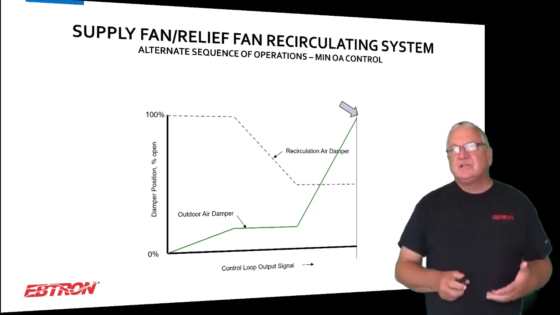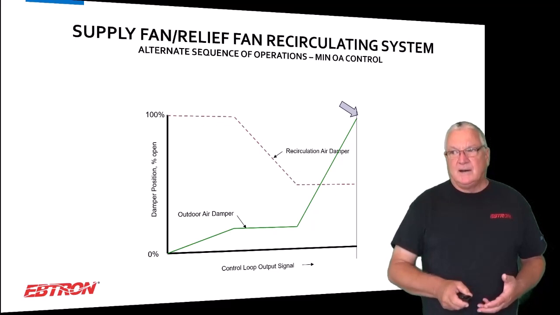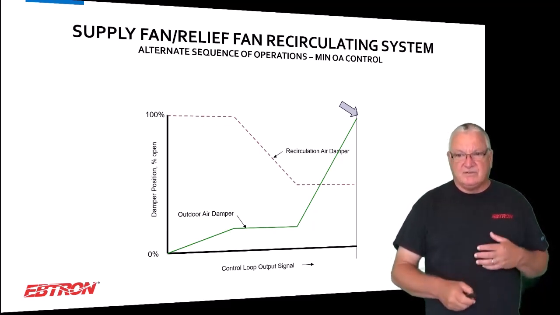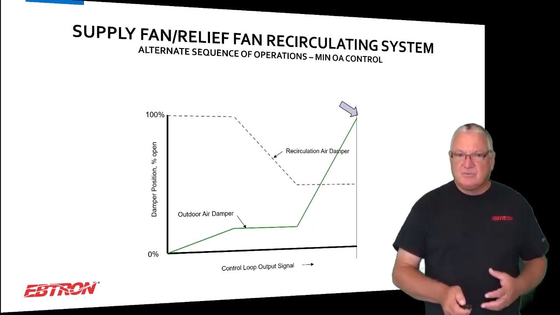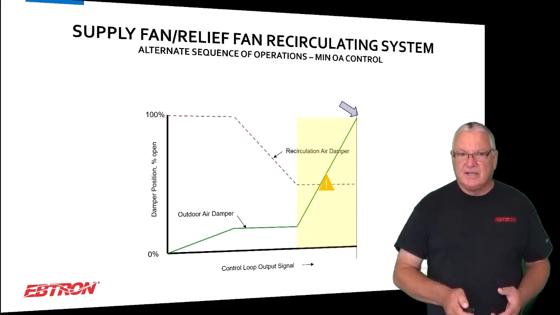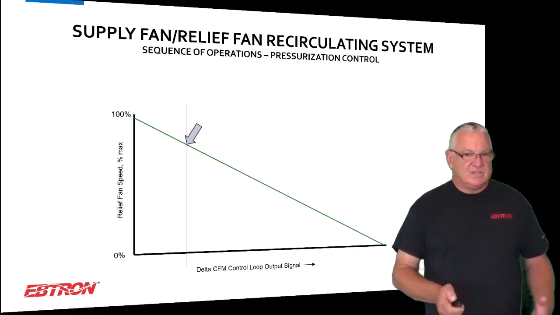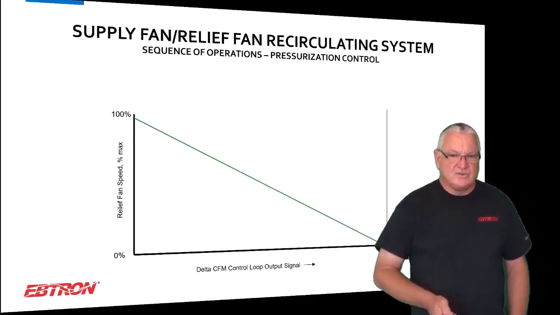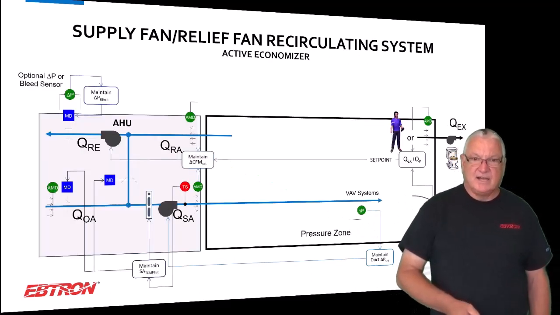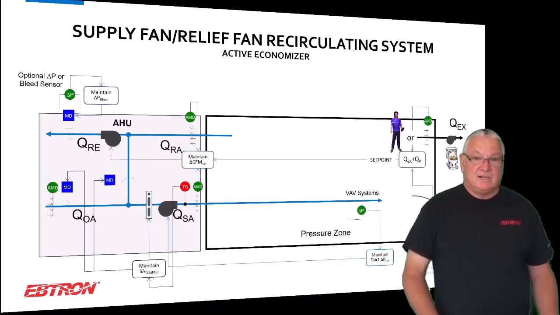You find that there's really not a lot of differences in these different methods, but these are the measuring points that you really want to use, okay? And nothing's any different here for controlling the relief fan, as when we're going into an economizer.